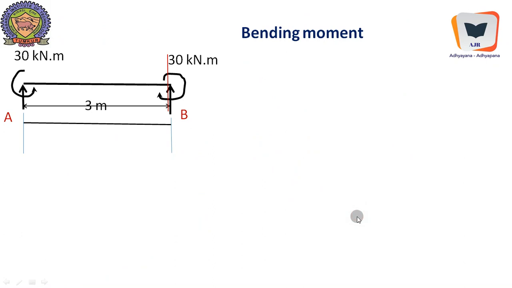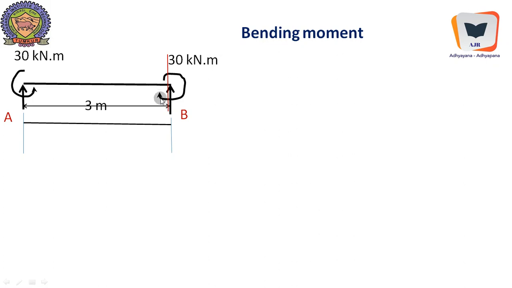Here we will compute the bending moment now, after having noticed that there is no shear force, and we have to take just to the left of B. Just to the left of B, there is the effect of this concentrated moment, and this concentrated moment will make the beam hog. Because if there were some reaction, this reaction would have created an anti-clockwise moment at this particular point, which would have made this beam go for sagging.